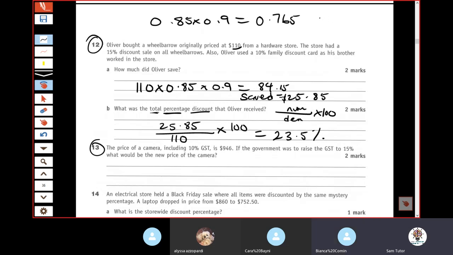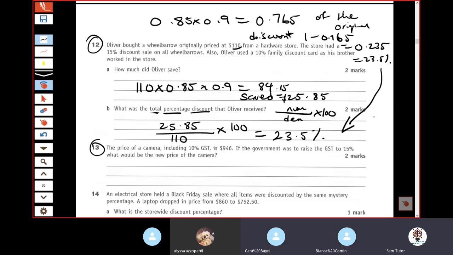That's 0.765 of the original, right? So if I want to know what discount I actually got, I'll just take away 100% or 1 from that. And I think you guys can probably see, yeah, you get 0.235, which is 23.5%. Same as that. Pretty much what you're doing.